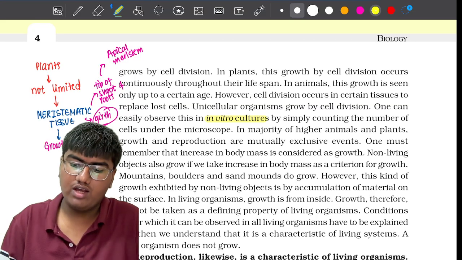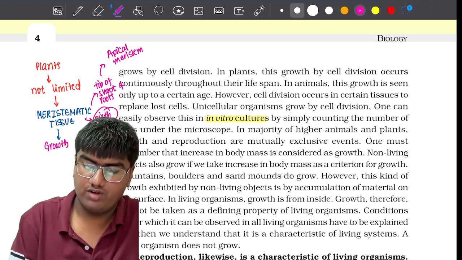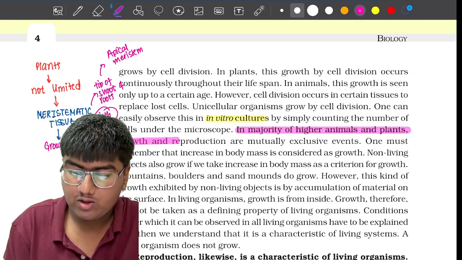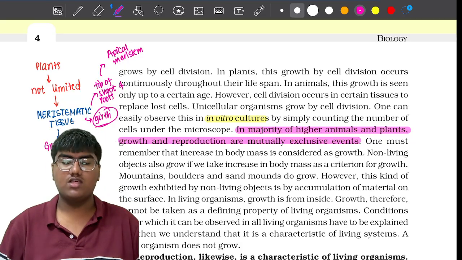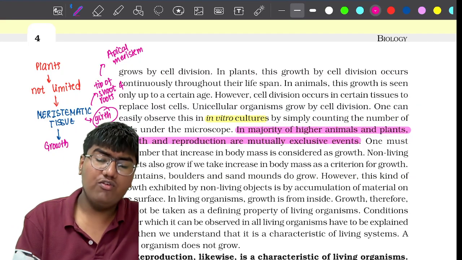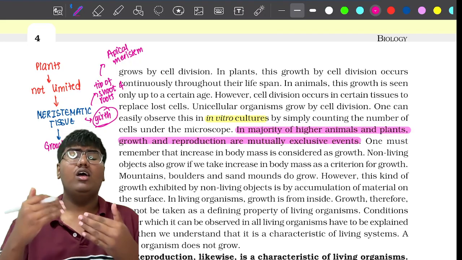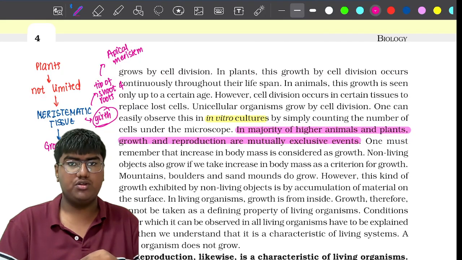In the majority of higher animals and plants, growth and reproduction are mutually exclusive events. So this is very important. In higher animals and plants, growth and reproduction are mutually exclusive events, whereas in unicellular organisms it's not the same, because in one amoeba or any unicellular organism, growth is just division of cells, and that is nothing but reproduction in them.